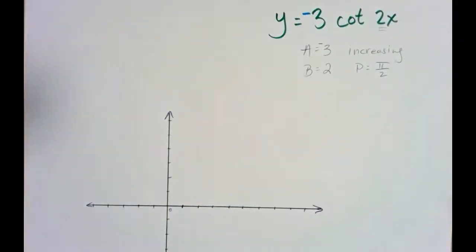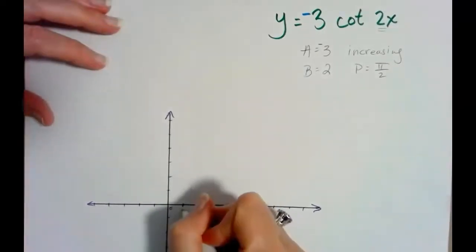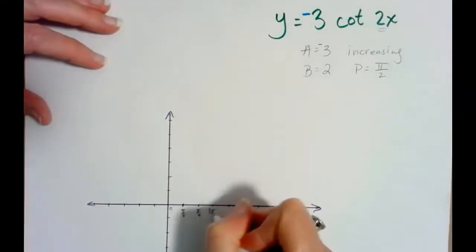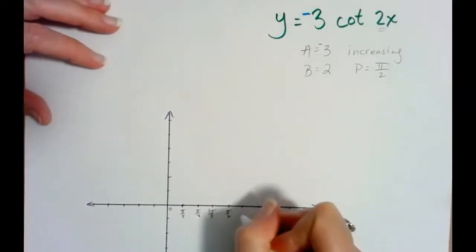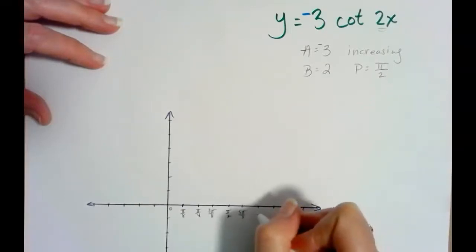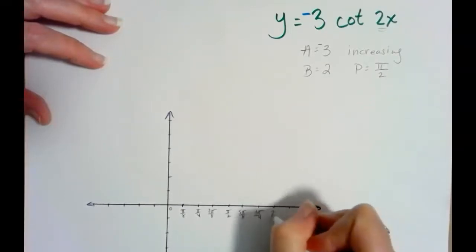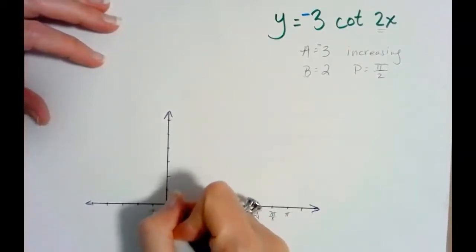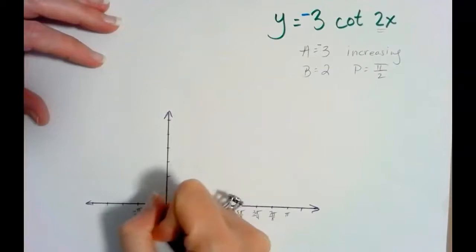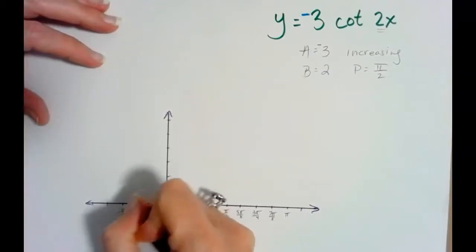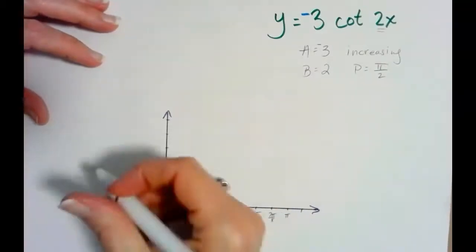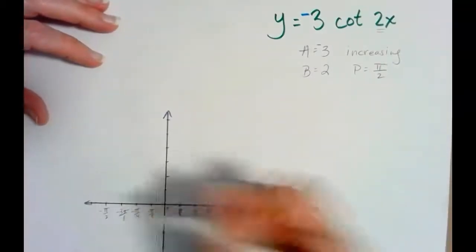So instead of numbering by pi over 4, let's number by pi over 8. 1/8, 2/8, 3/8, 4/8, 5/8, 6/8, 7/8, 8/8. Let's go in the negative direction. I'm numbering by 8s just to make this a little bit more precise. That's all that's happening here.